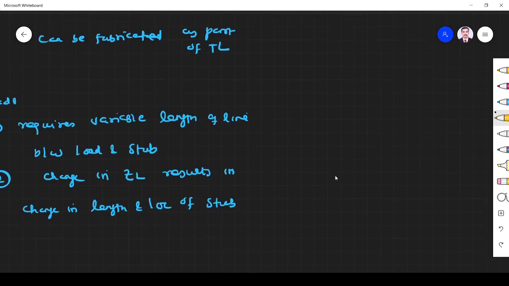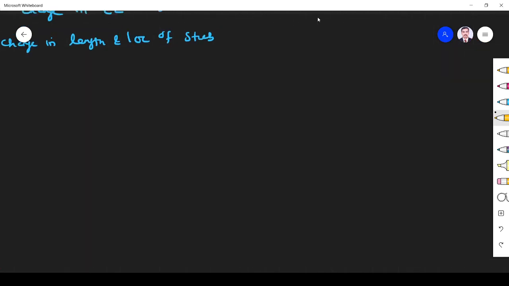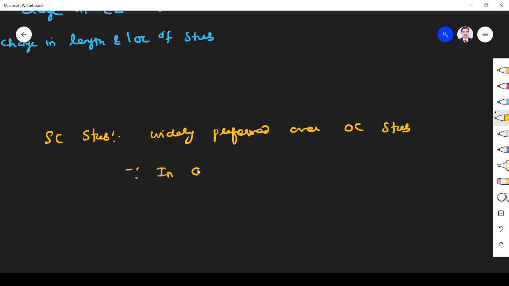Then we have to know about short circuit stub and open circuit stub. Short circuit stub is widely preferred over open circuit stub, because in open circuit stub, radiation will take place.